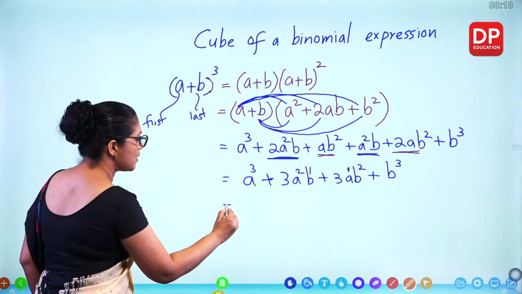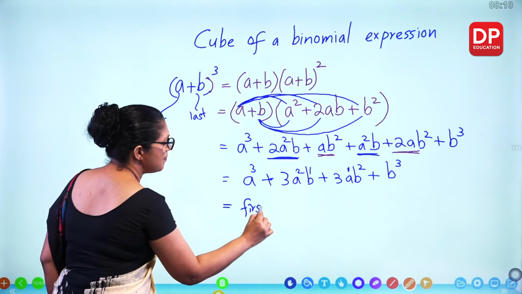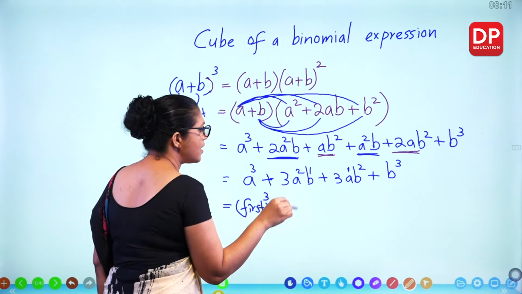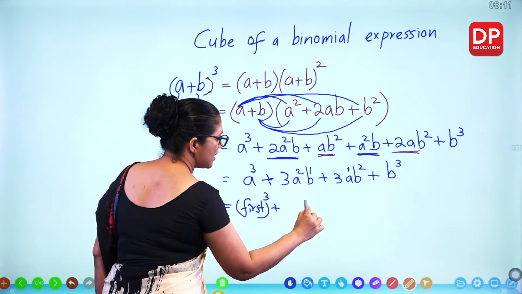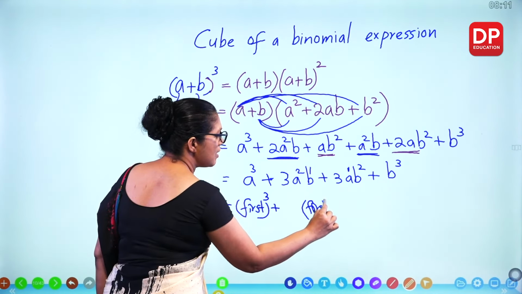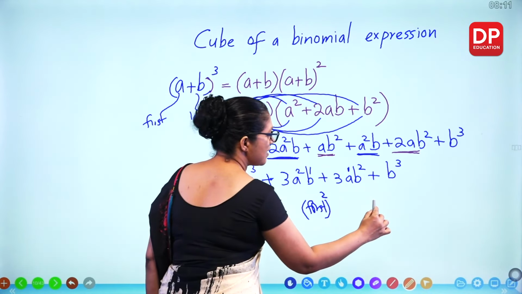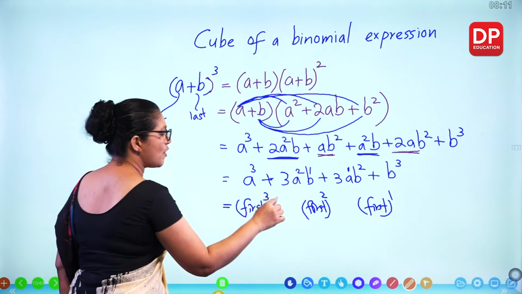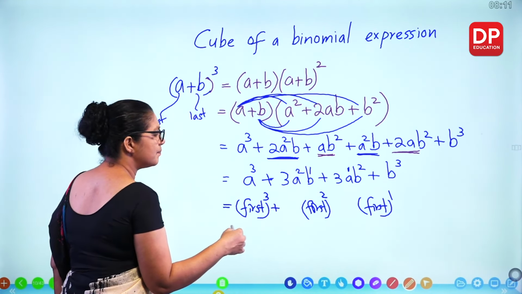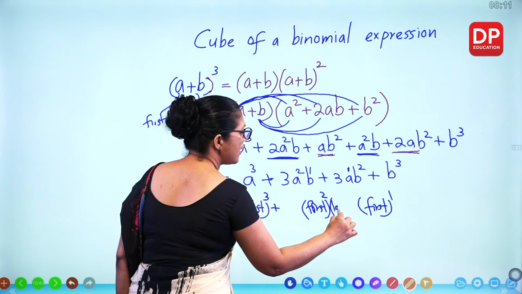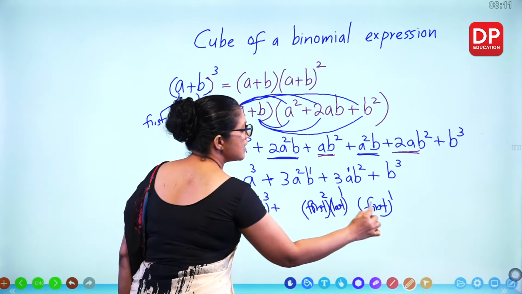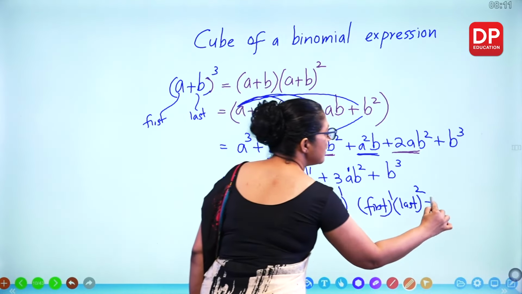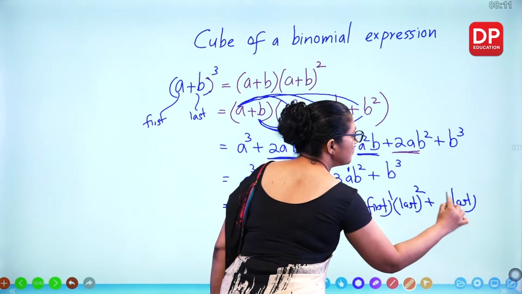So here, what's the pattern we observe? First term cube. And then the power of the first term reduces by 1. So the next one becomes first term power 2. The other one becomes first term power 1. Then what happens? The last term, starting from power 1, it increases: last term squared here and last term cube.